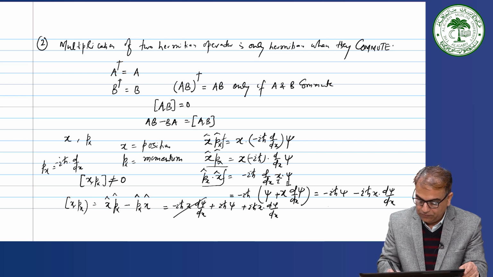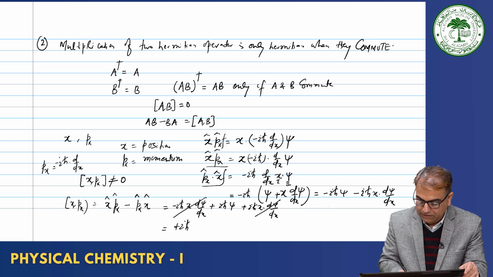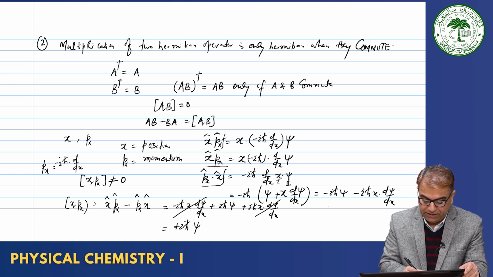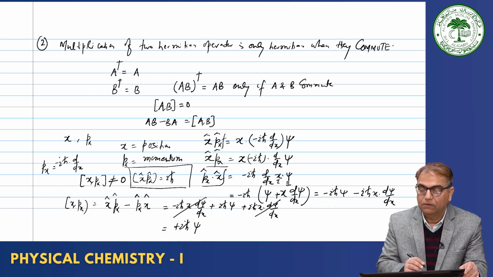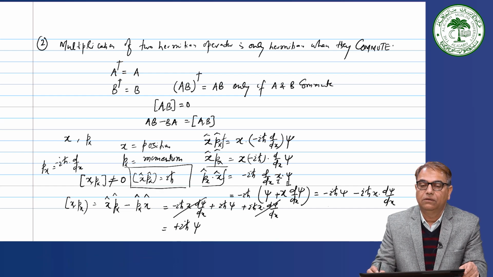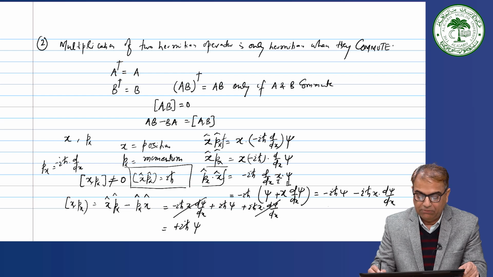So these two terms cancel and you will have plus i h cross into psi. So the commutator of x and Px is not equal to 0, it is equal to i h cross. They do not commute. Position and momentum operators do not commute.